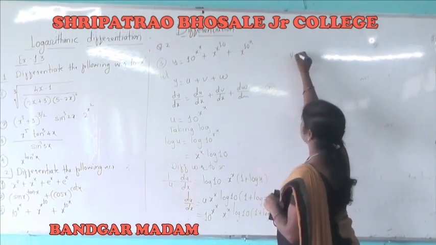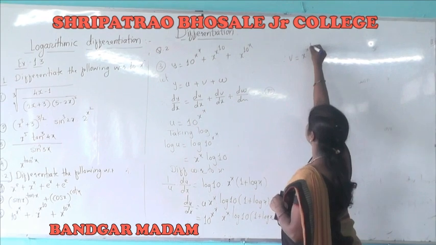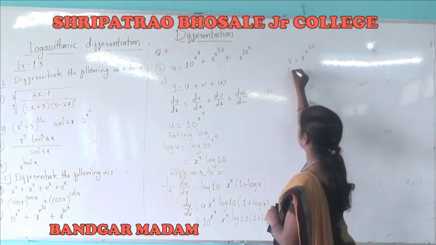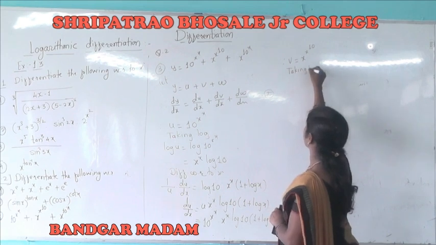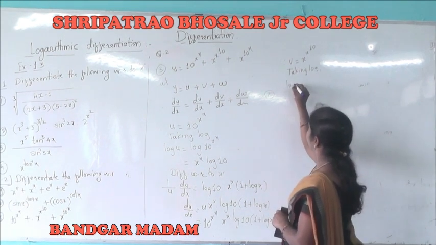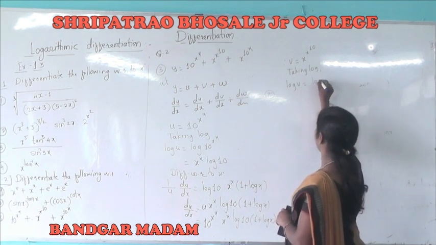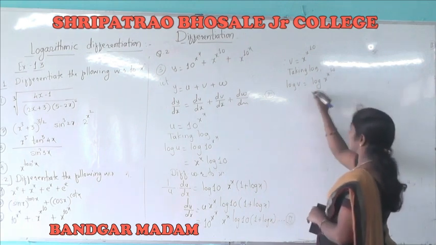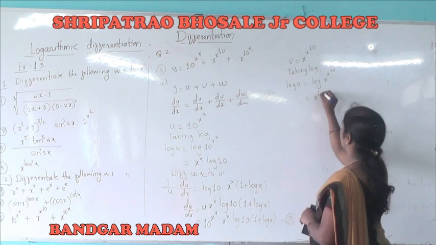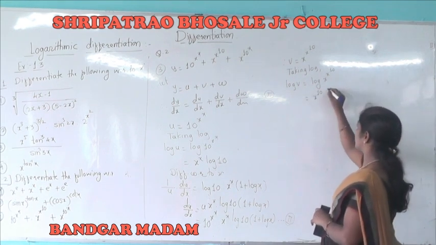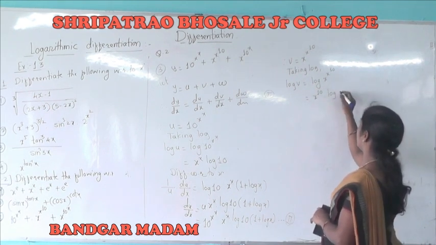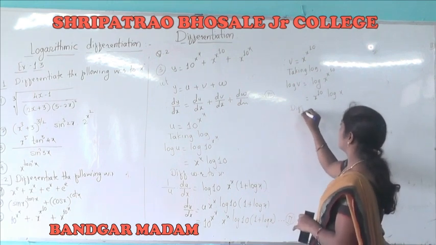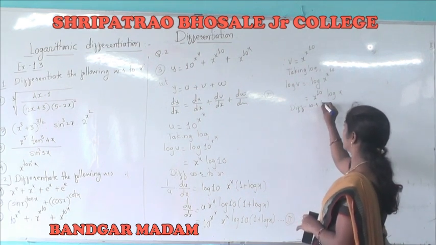Since v is equal to x raised to 10. Again, taking log on both sides, we get log v is equal to log of x raised to 10. So the power 10 will be the coefficient: 10 into log x. Now we will differentiate with respect to x.